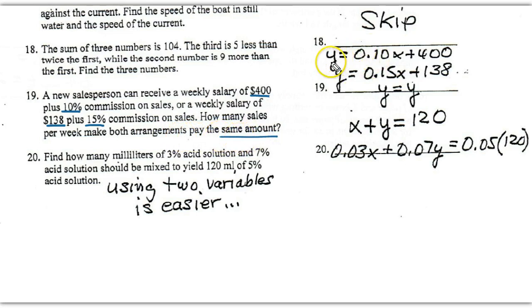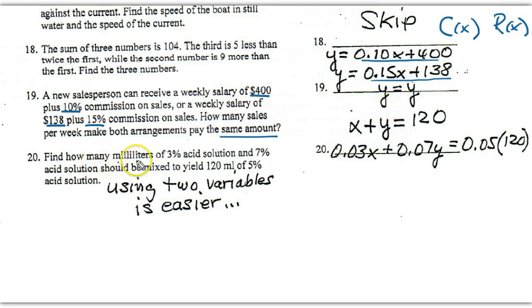So here we could think of y equals 10% of a certain amount plus 400, or y equals 15% of the certain amount plus 138. And in a sense, we have the equation y equals y, which will be this part equals this part where you solve for x, similar to the cost function that we did earlier in the revenue function.